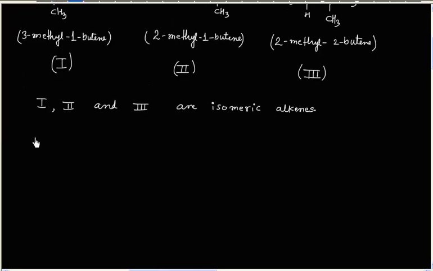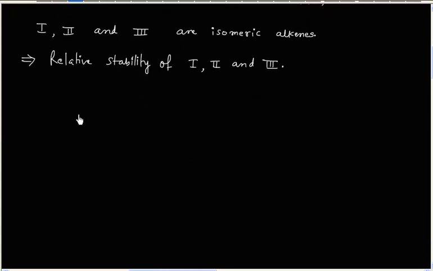So what is the task? We want to calculate relative stability of 1, 2 and 3, and this can be done on the basis of heat of hydrogenation data. So we will use heat of hydrogenation data for relative comparison.